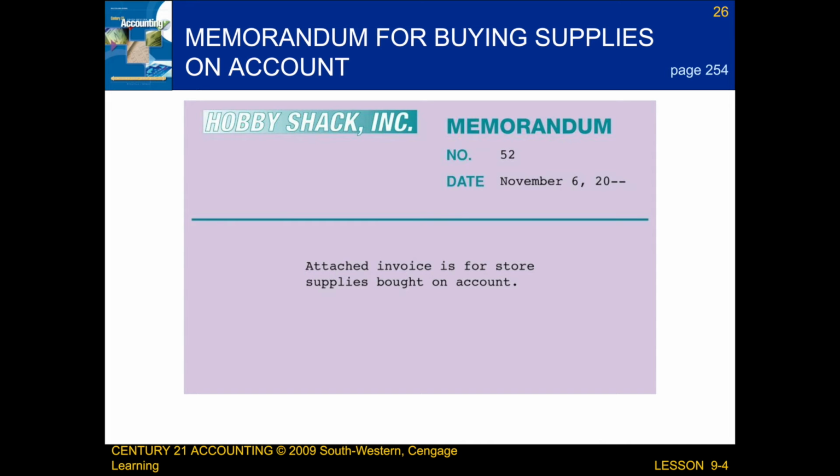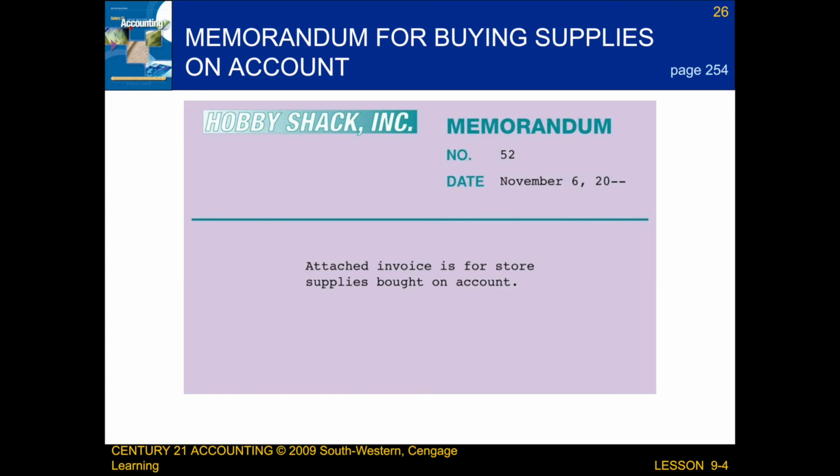Alright, next we're going to be talking about the memorandum for buying supplies on account. So what we're essentially looking at here is a memorandum for buying supplies on account. As you can see here, this memorandum is from Hobby Shack Incorporated. The number is 52, and the date is November 6th.